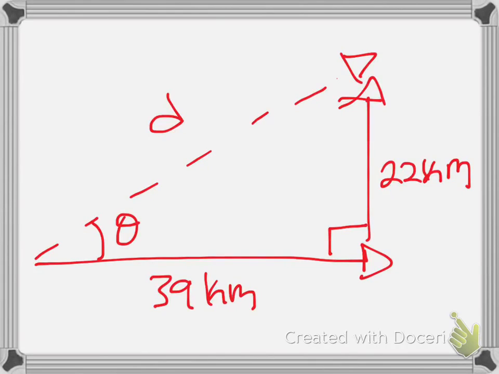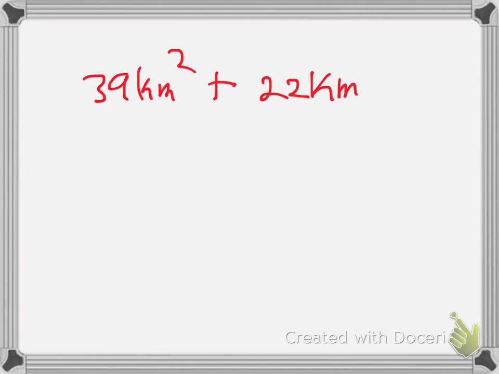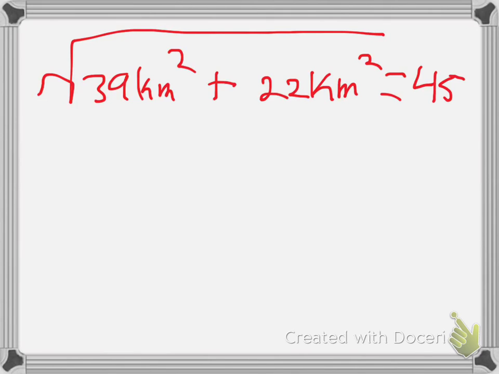All right, so if we run this, what we should do is do 39 kilometers squared plus 22 kilometers squared, and then we'll square root the entirety of that to come up with our magnitude, which should come out to 45 kilometers. Okay.